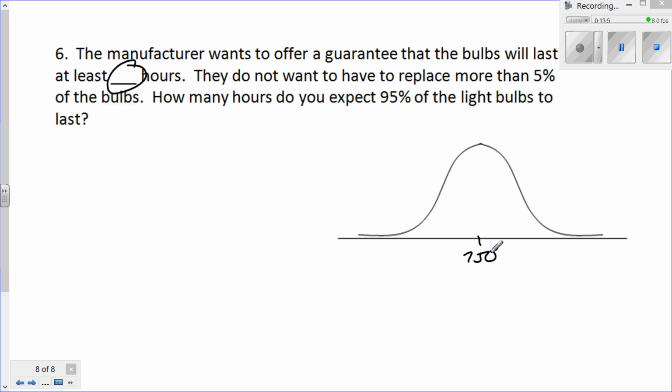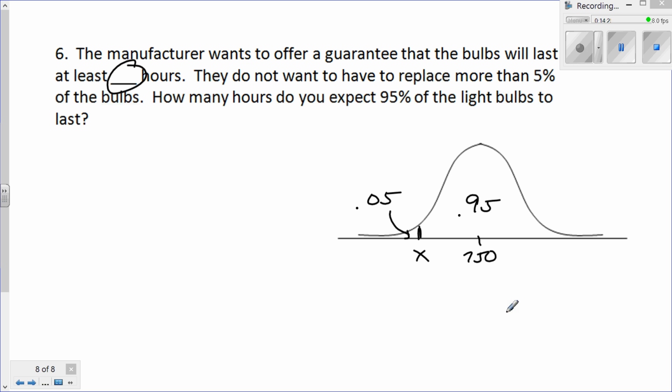If the manufacturer guaranteed that the light bulbs would last 750 hours, half the bulbs are going to burn out before 750 hours go by, because that's the average. Half last longer, half last less than that. So we don't want this to be 750 hours. We want a short enough lifespan so that we can expect 95% of the bulbs to last longer than that value, and only 5% to burn out before then.